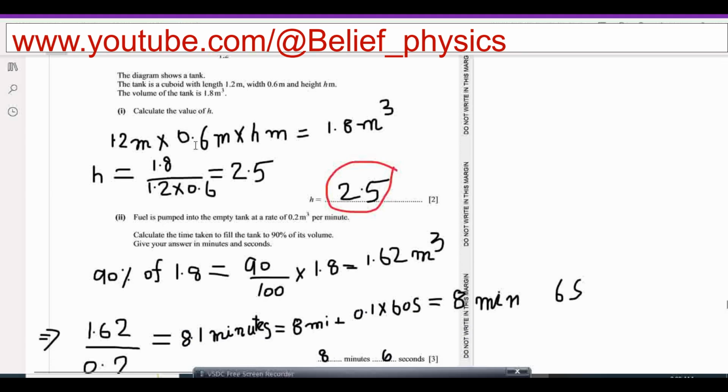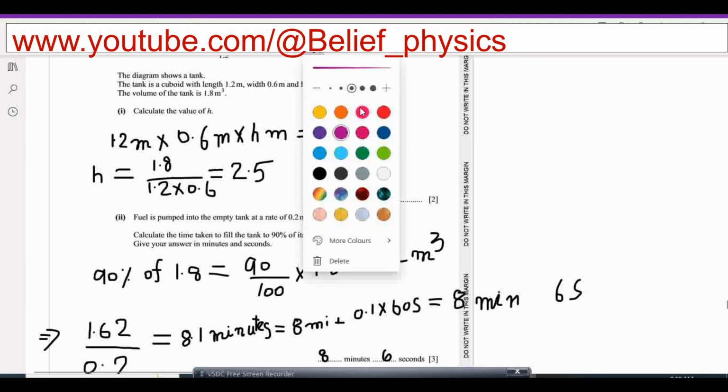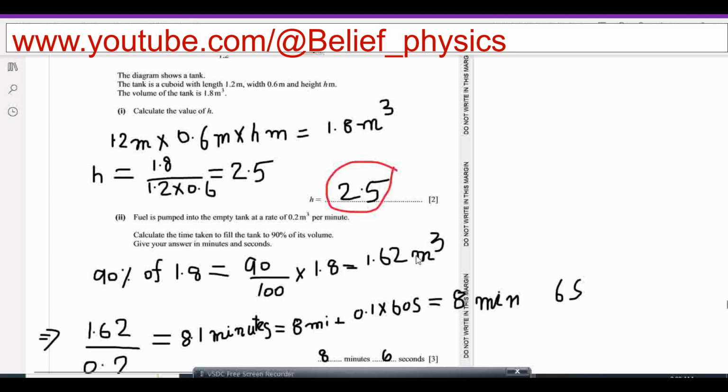First we find the volume. Volume of the 90%, 90% of total volume. Total volume is 1.8. So 90% of 1.8 is 90 over 100 times 1.8, and we use a calculator to find it as 1.62 meters cube.